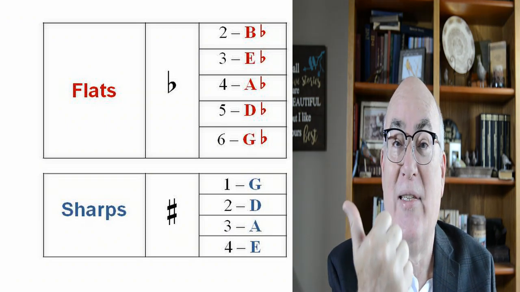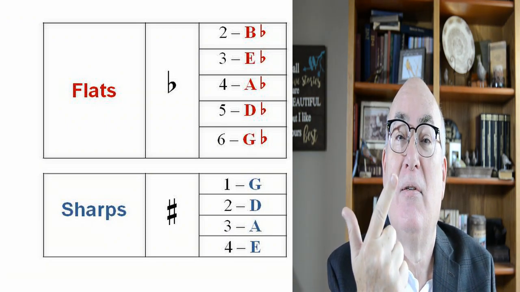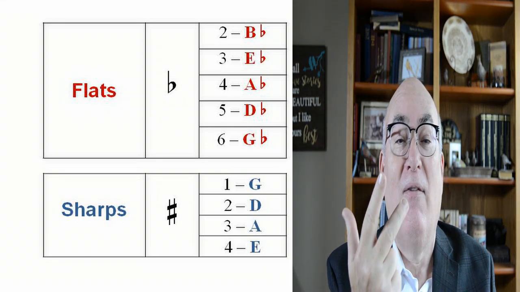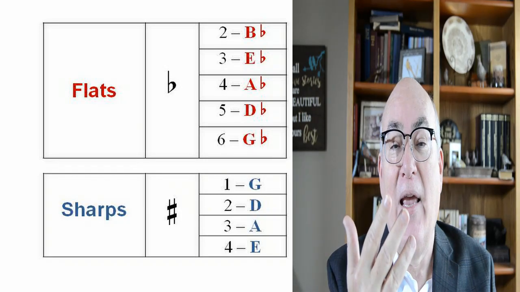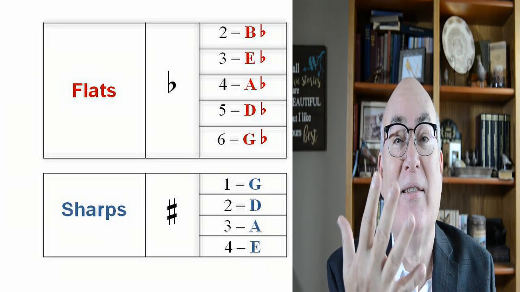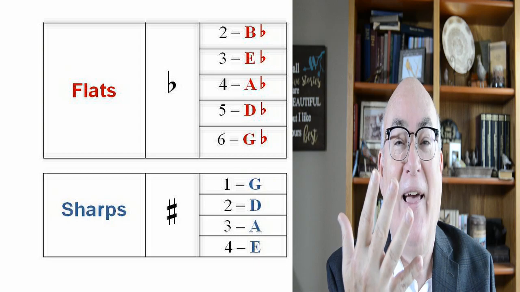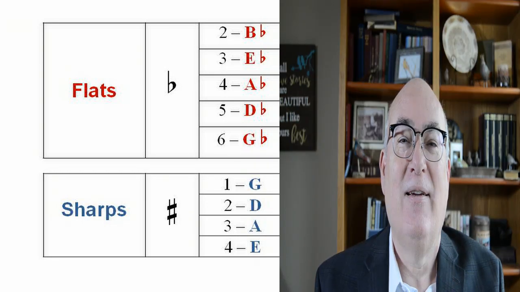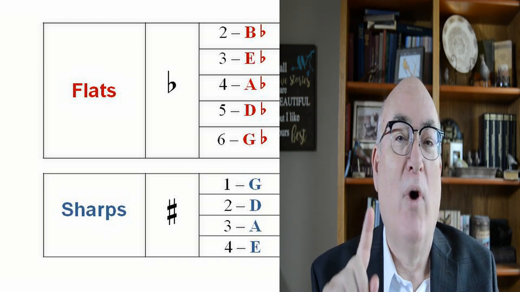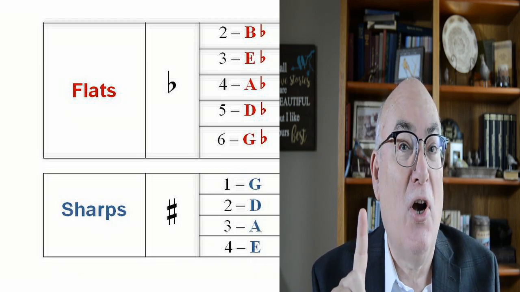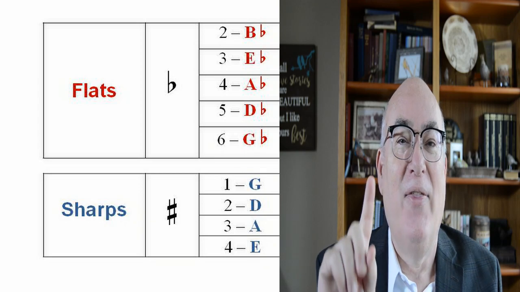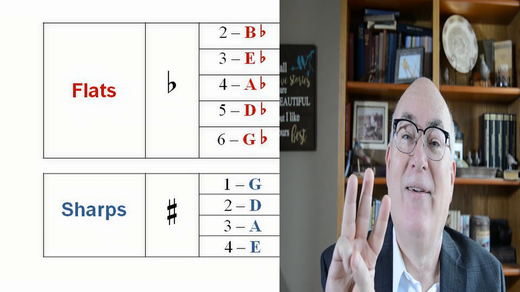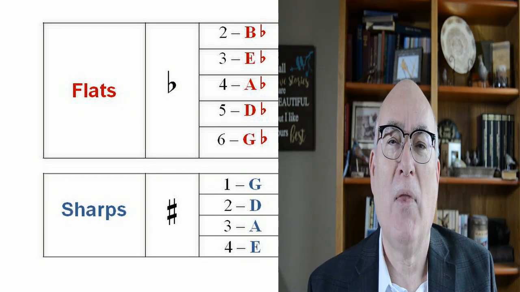So if 1 is F, 2 is B flat. 3 flats, E flat. 4 flats, A flat. 5 flats, D flat. 6, G flat. And now for the sharps. 1 sharp is a G, not a G sharp, just a G. And then D for 2 sharps. 3 sharps is A, 4 sharps is E.